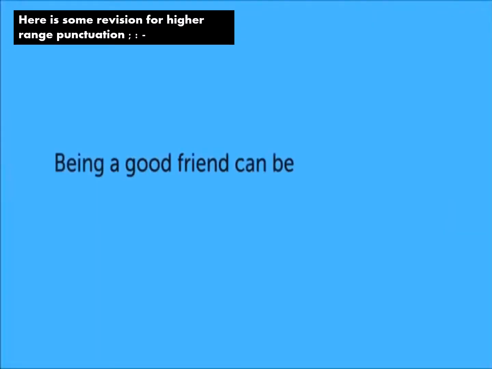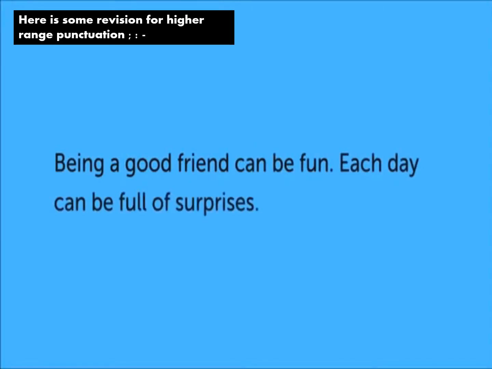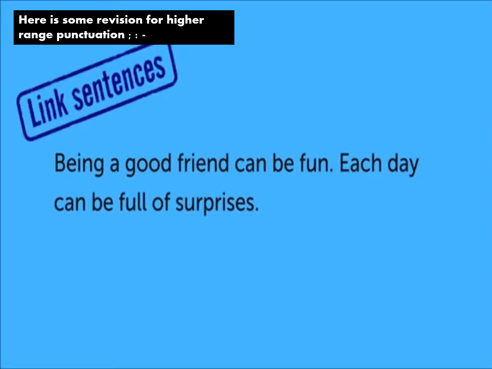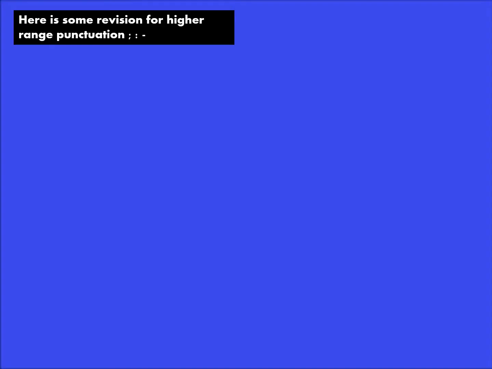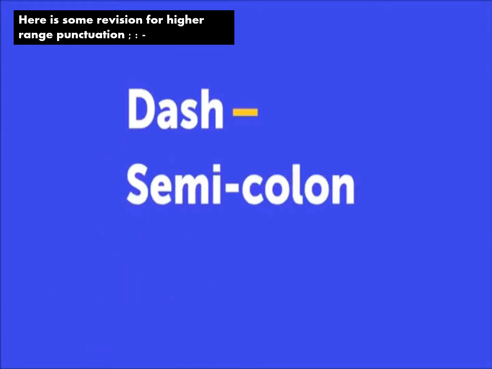Being a good friend can be fun. Each day can be full of surprises. Anna's friendship with Jim is described in 2 sentences, but you can link them using these punctuation marks. A dash, semicolon, or colon.